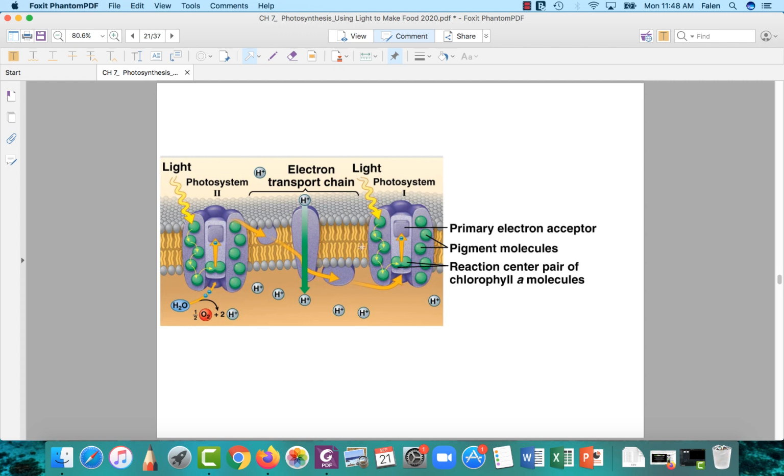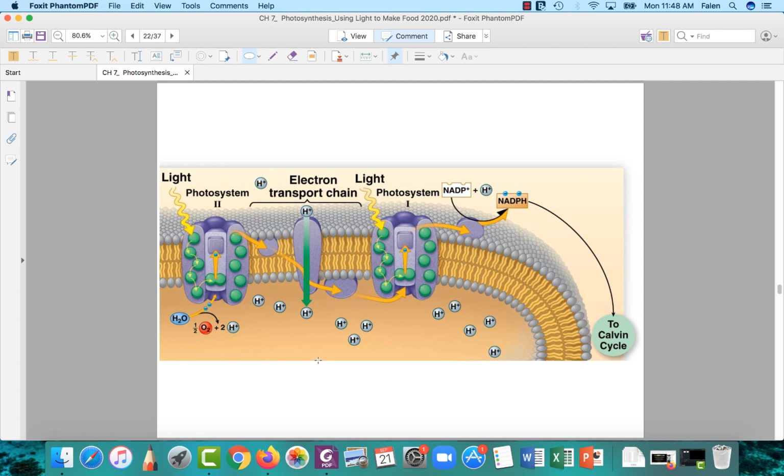To photosystem 1. Photosystem 1 is also capable of absorbing photons, and these electrons plus photons will clash or collaborate, and together they will lead to this elevated excited state of these high energy electrons, which must be passed on to something, and therefore it's passed on to an electron carrier, NAD+, which changes to NADPH, and that is sent to the Calvin cycle.